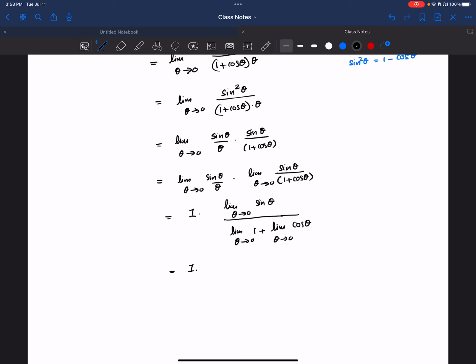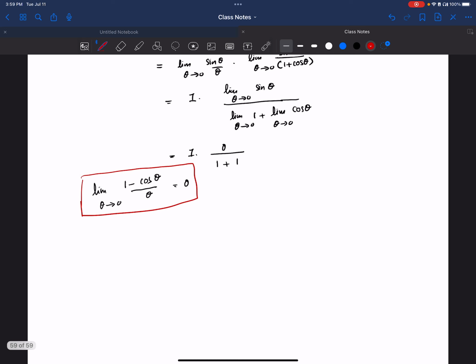As theta goes to 0, sine theta is 0, sine 0 is 0, and that 1 plus this is 1. So this is 1 times 0 over 2, that means 0. That means limit as theta goes to 0 of (1 minus cosine theta) over theta is 0. So we proved the second part of the theorem.